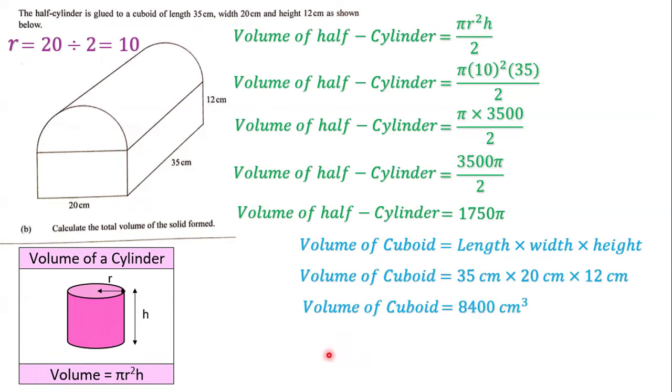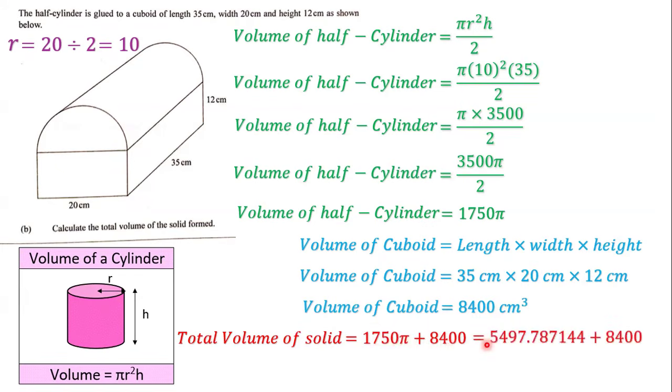To find the total volume of the solid, we say 1,750 pi plus 8,400. 1,750 pi is equal to 5,497.787144, and we add that to 8,400.